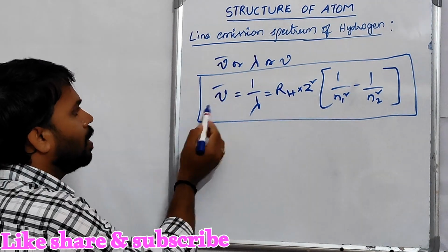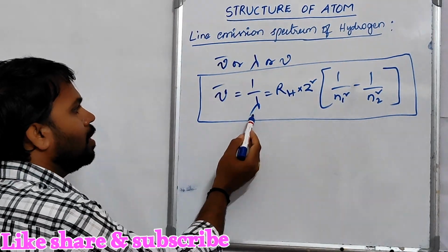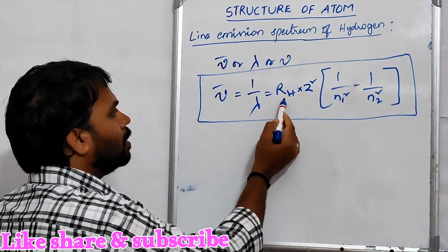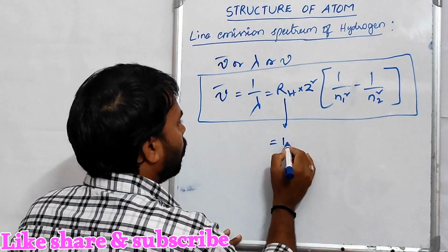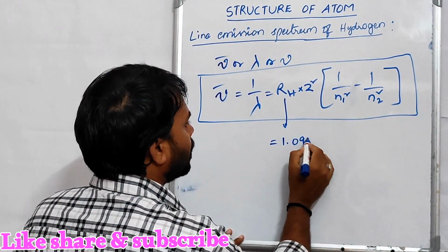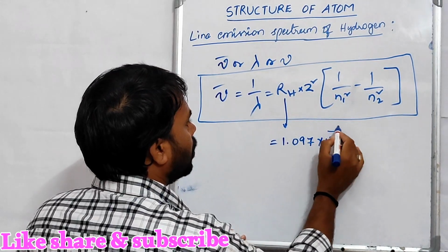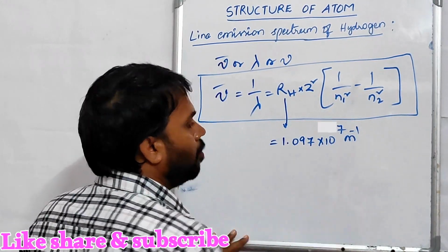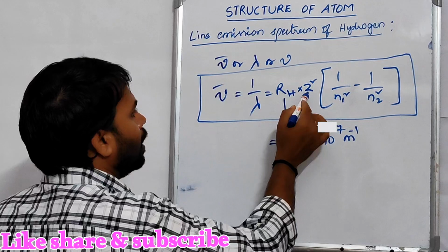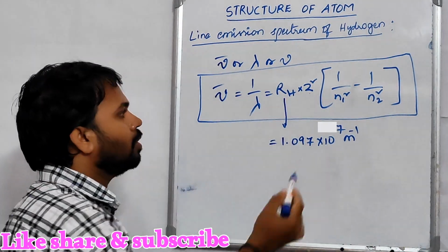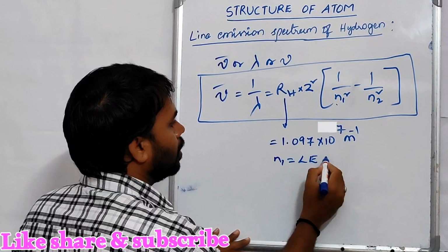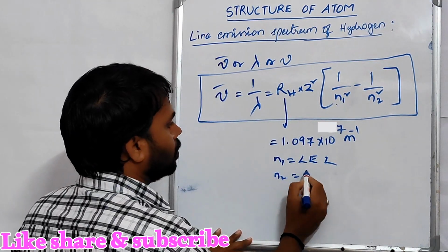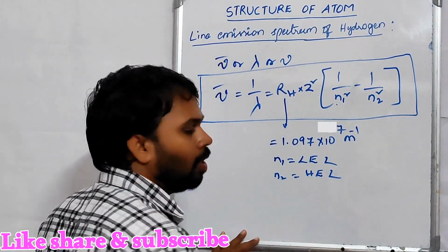In this, nu bar is the wave number, lambda is the wavelength, RH is Rydberg's constant, that equals 1.097 into 10 to the power 7 meter inverse. And Z is the atomic number, N1 is the lower energy level, N2 is the higher energy level.